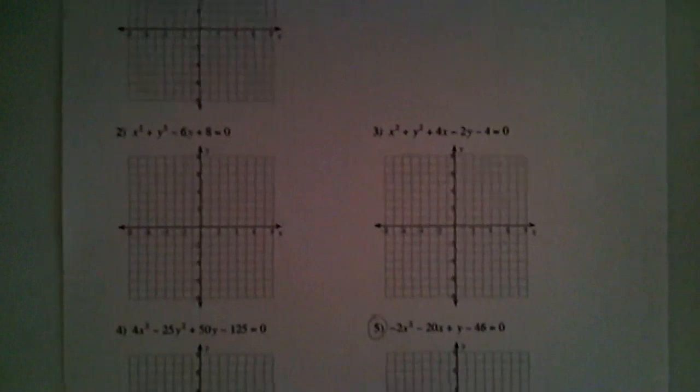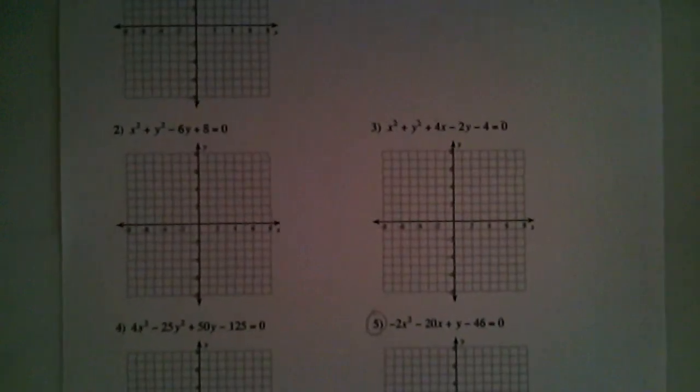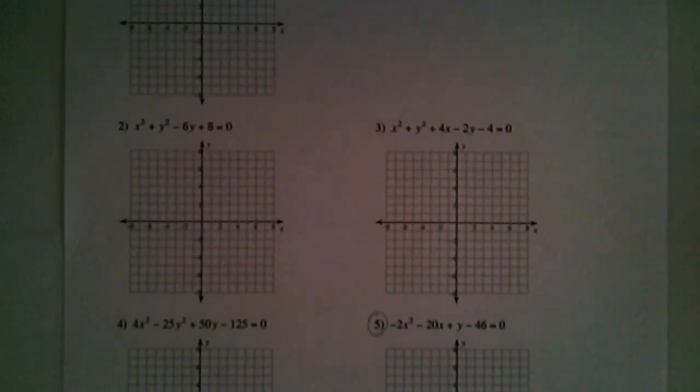Okay. So I've given you a hint that 5 is a parabola. If you look at central conics, you'll notice that for all of them except for the parabola, both variables are squared. So look at 2 and 3, 4 and 5.